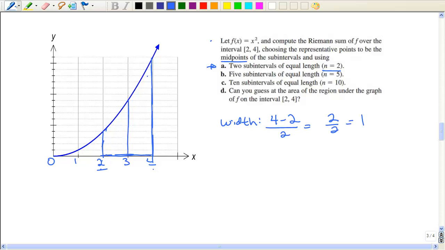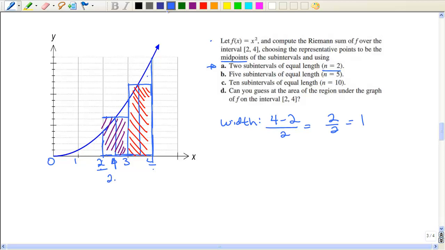So I've got those triangles, but I want to use the midpoint. So the midpoint is here. The midpoint is here. So I'm trying to find the area of that rectangle and this rectangle. So what is the midpoint? I need to know what that is.